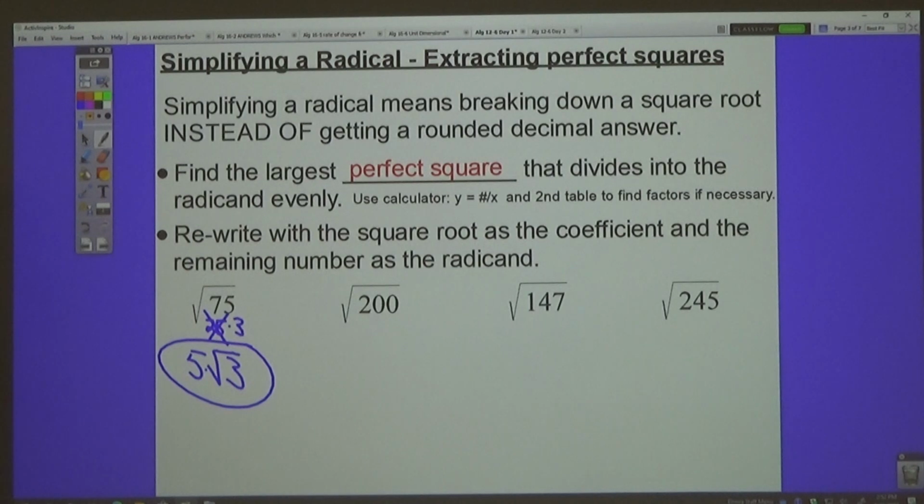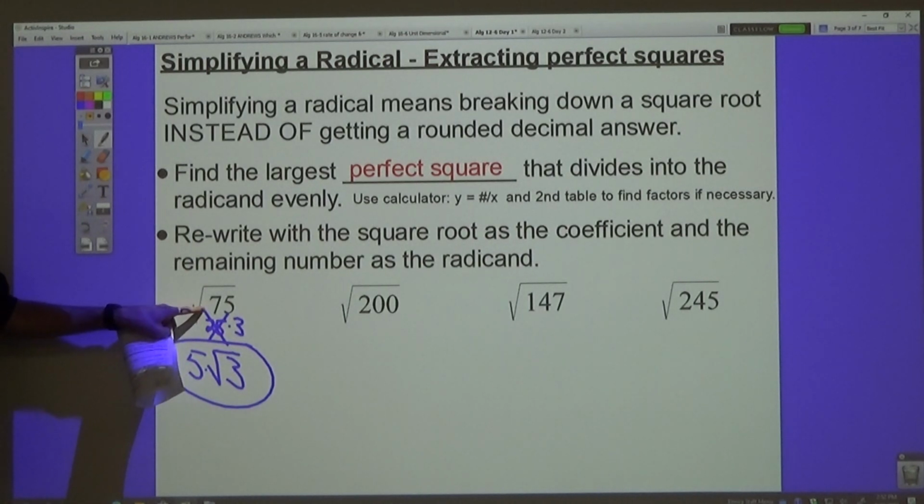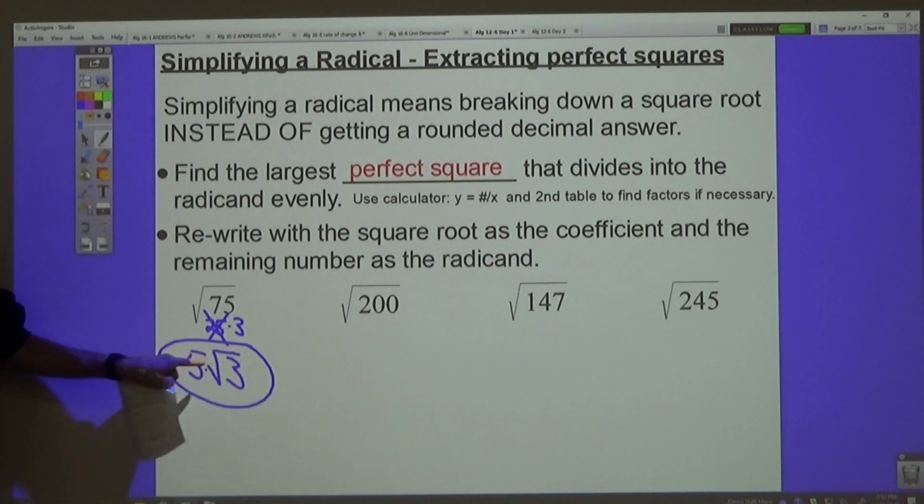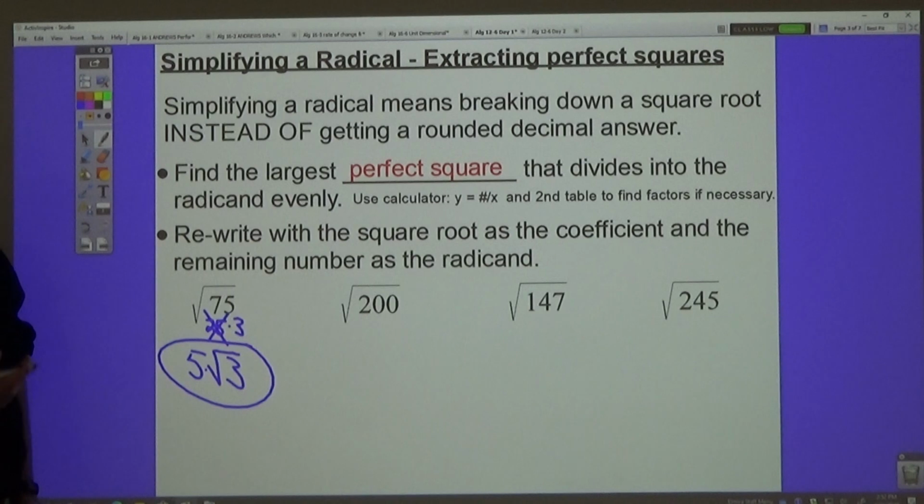If you type the square root of 75 into the calculator, and then 5 times the square root of 3, you're going to get the same answer in decimal form. But remember, it's not just 5 radical 3, it's plus or minus 5 radical 3.